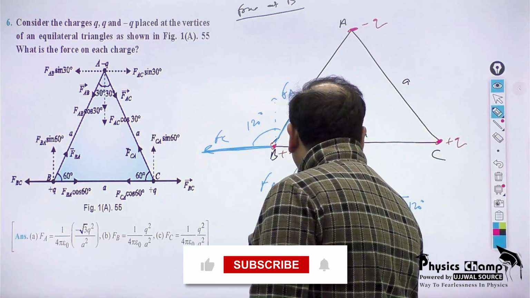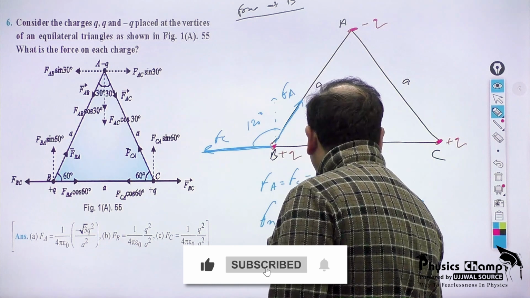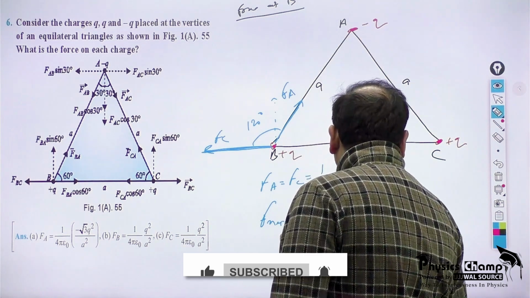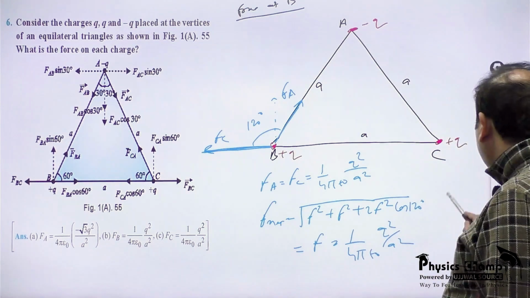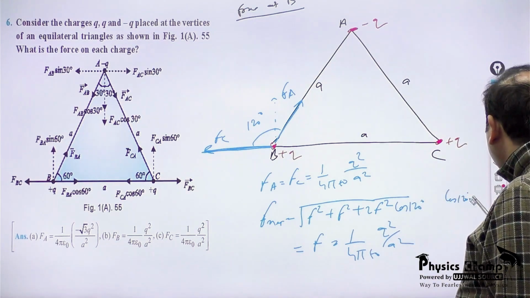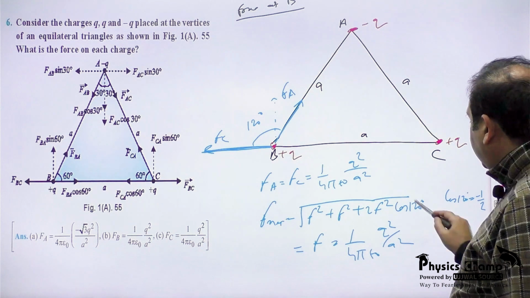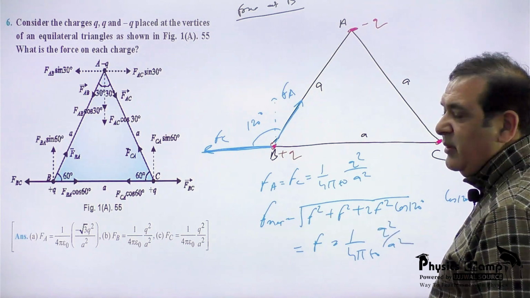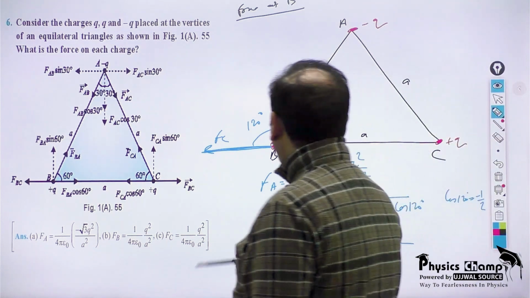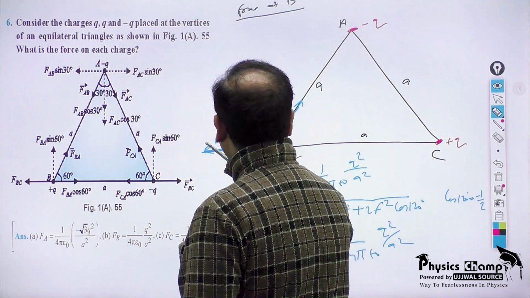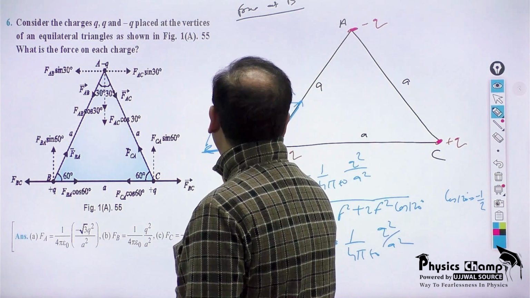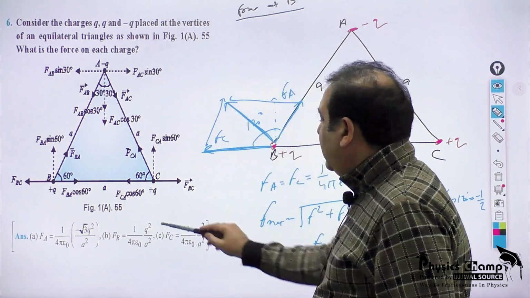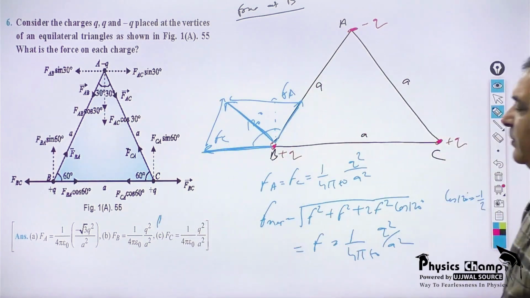So it will be F, and it will be 1 by 4 pi epsilon naught Q square by a square. Cos 120 has a value minus half. So this will be F square plus F square minus F square. So in this case the net force would be somewhere here, and it will have a value 1 by 4 pi epsilon naught Q square by a square.